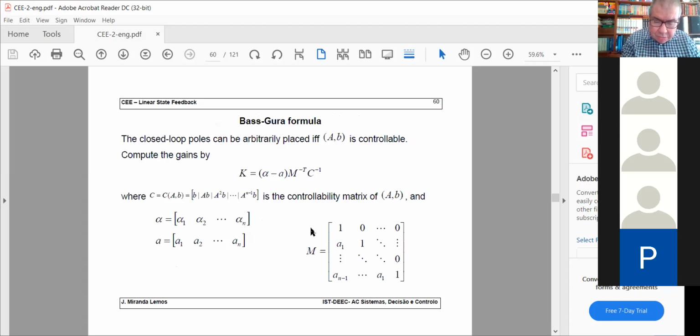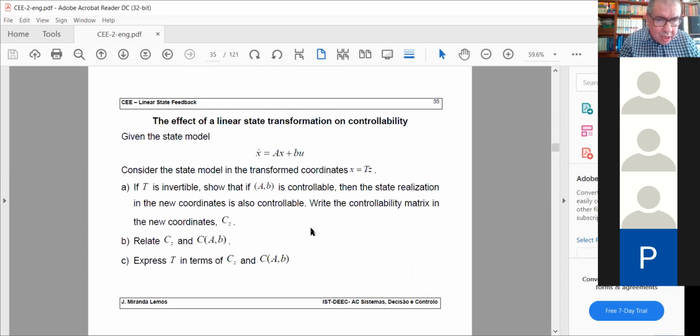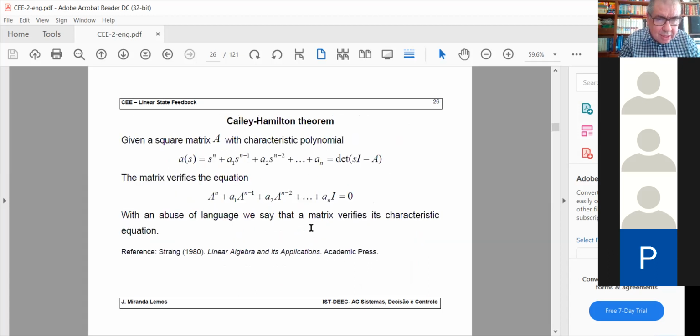Now, how can I solve this problem? I will give you one solution here, and we have seen one example. Let's go back to the very beginning to remember some slides.